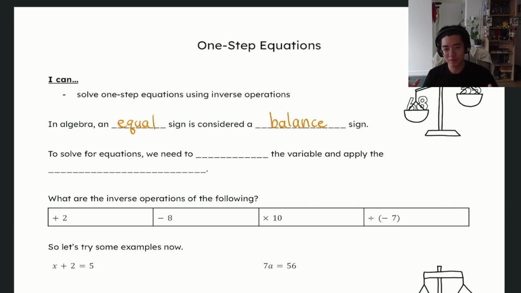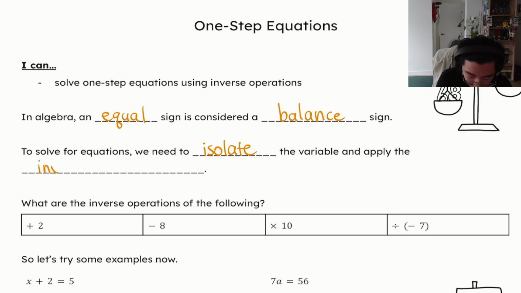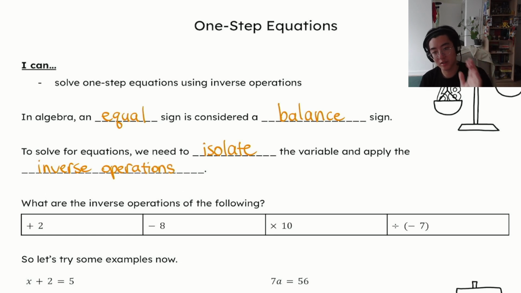And now to really put it into practice, whenever we solve those equations, we have to isolate the variable and apply inverse operations. So we make the variable by itself and then do the inverse operations.